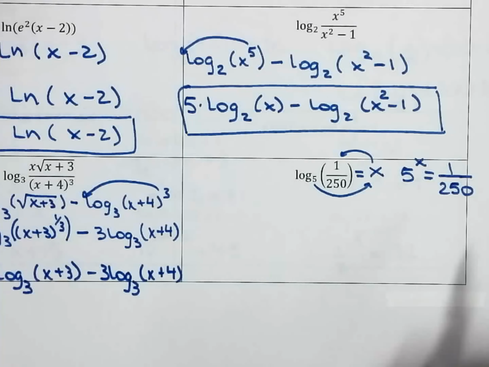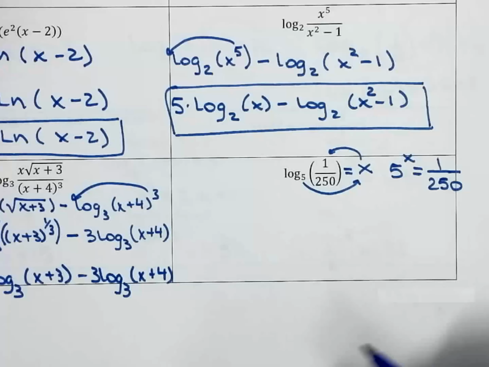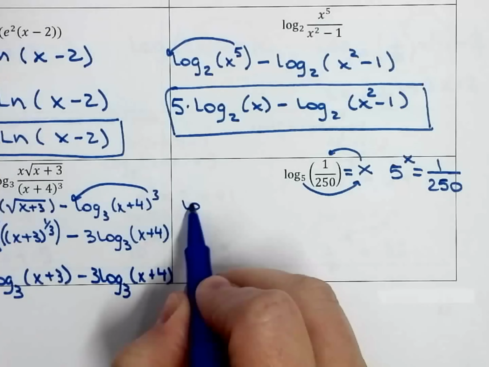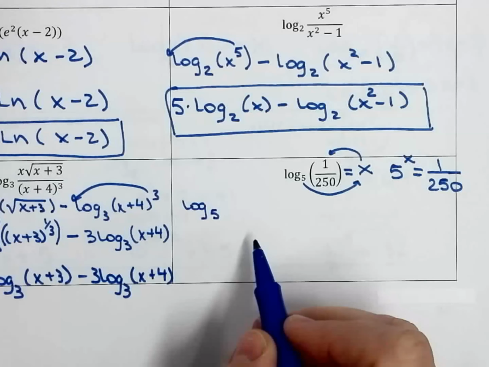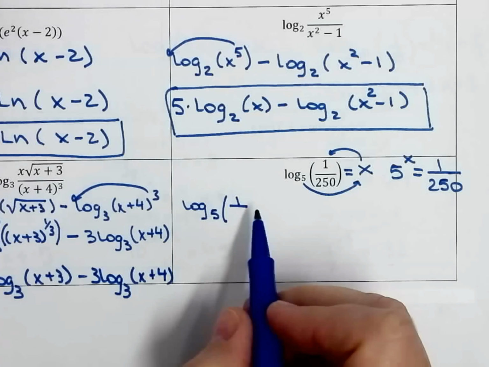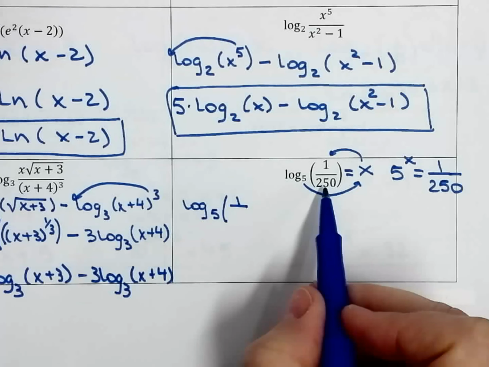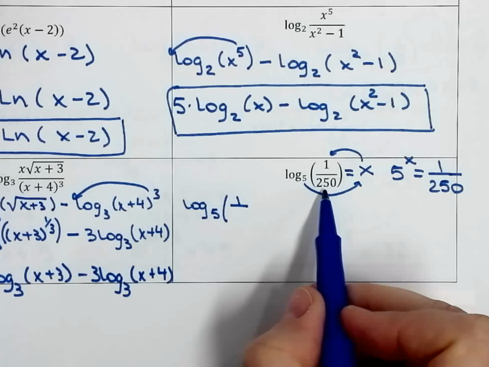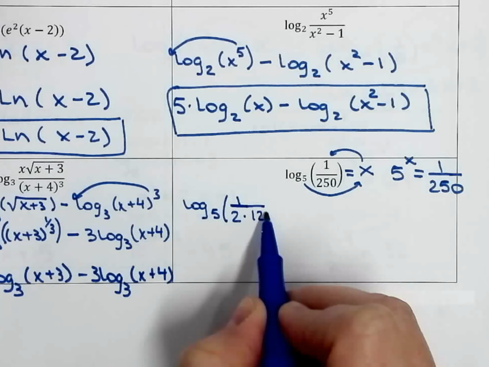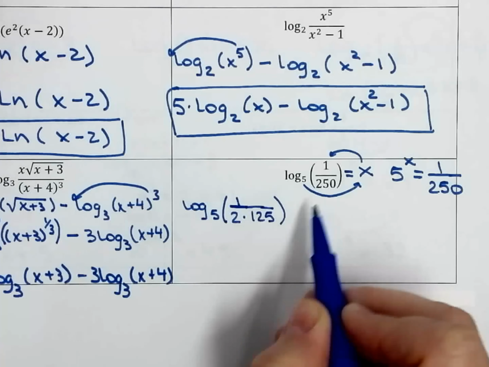Now, I'm going to say, but this doesn't help me. I can't just do that. So I'm going to do log base 5 of 1 over, if I do 2 times 125, that gives me 250. So 2 times 125, that gives me 250.